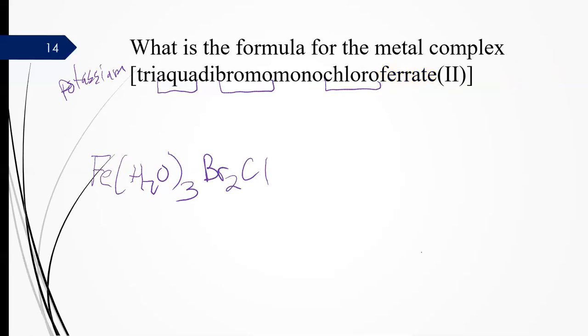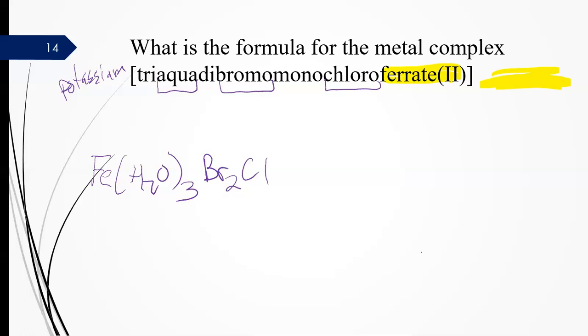If it's an ion and it's not part of the complex, it's going to come after the metal, in our anion zone, and it's going to end with our ide or our ate or whatever it normally would end in to show that it's an ion.